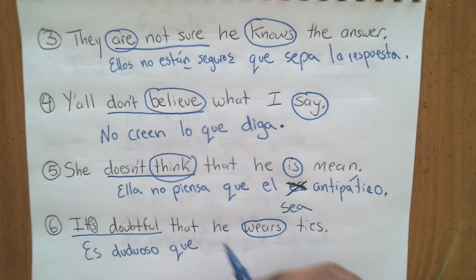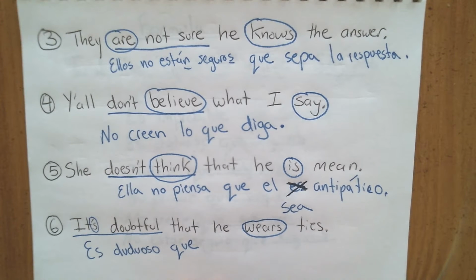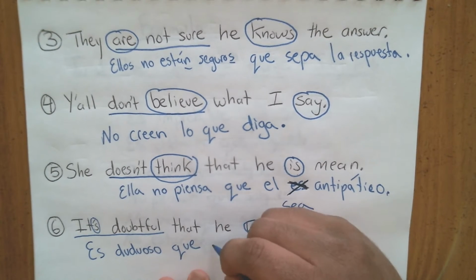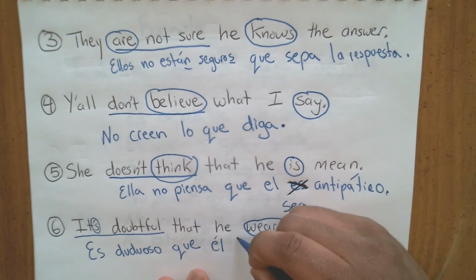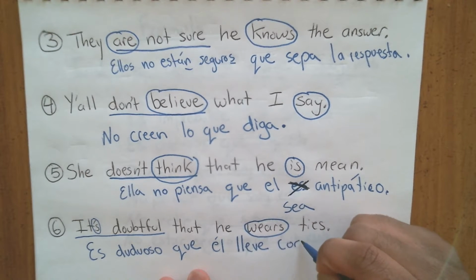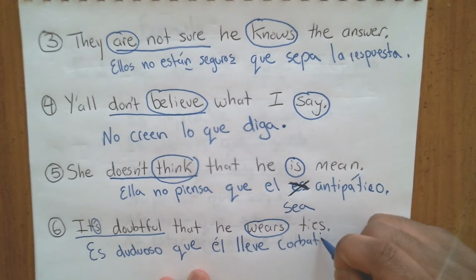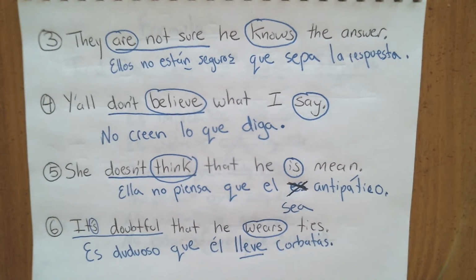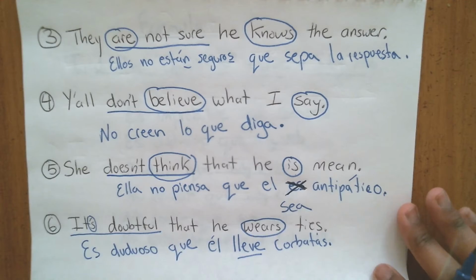It's doubtful that he wears ties. His wearing of ties is the verb that's being called into question here, so we would use the subjunctive. Es dudoso que él lleve corbatas. It's doubtful that he wears neckties or ties. So use the subjunctive for the verb that's being called into question.